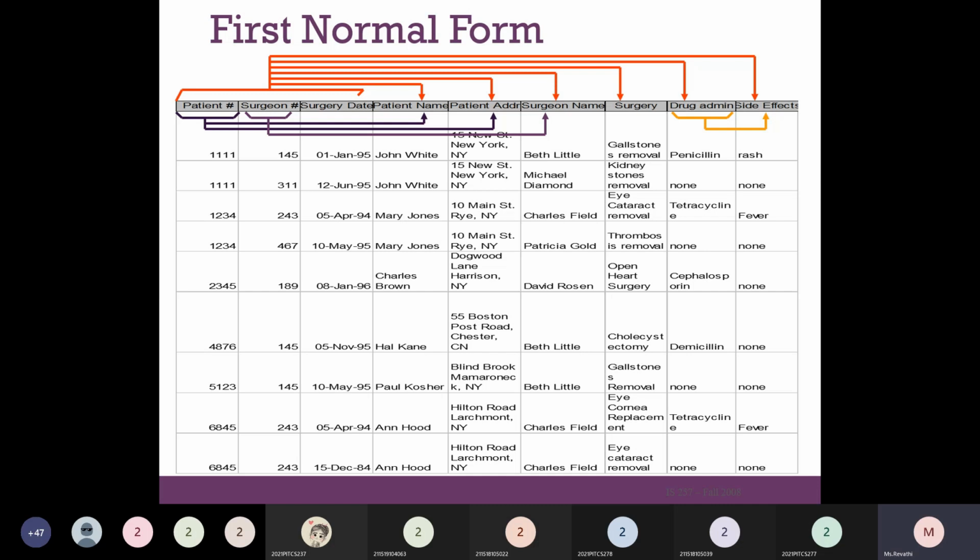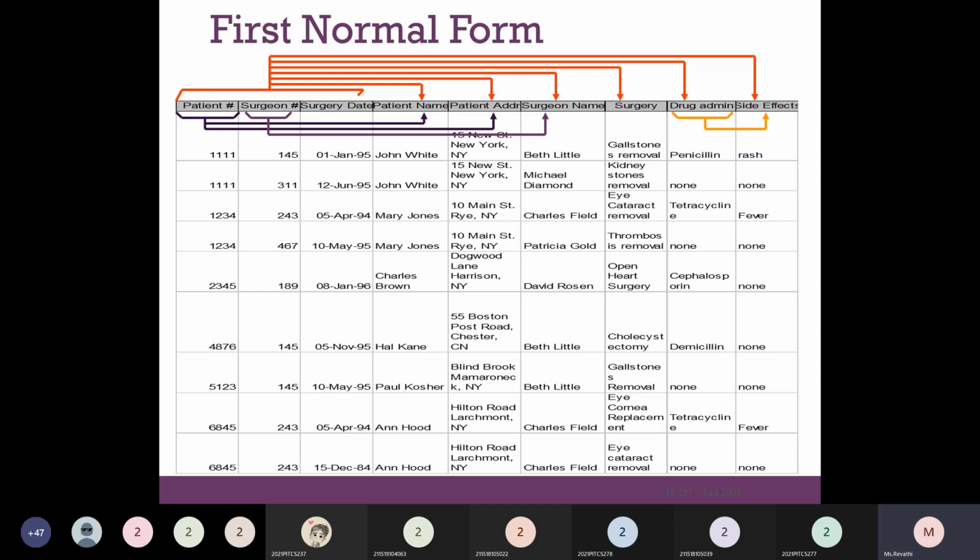We have split John White, because he underwent two different surgeries by two different surgeons. So the single tuple is decomposed into two tuples. Likewise we have normalized the relation. According to first normal form, there shouldn't be any repeating groups. So we have fine-tuned our relation.